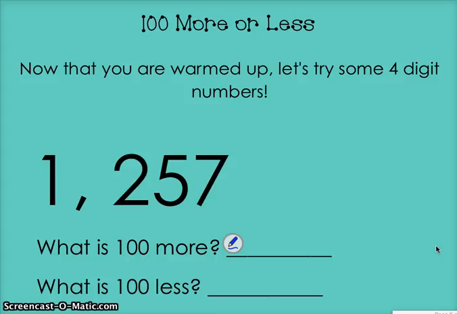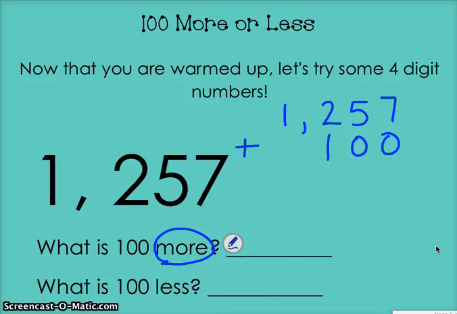I'm going to start with the number that was given, 1,257, and I want to find 100 more. So I'm going to add 100 to 1,257.